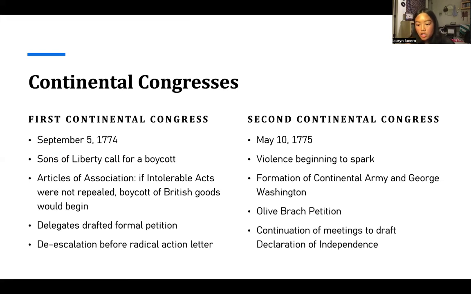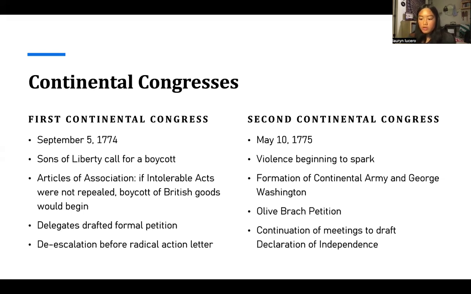So after the Intolerable Acts, the First Continental Congress discussed the Sons of Liberty's call for a boycott, and came up with the Articles of Association. These articles basically said that if the Intolerable Acts were not repealed, the boycotts will take place. The delegates also drafted a formal letter to the king to request a peaceful approach to the de-escalation of enforcement on the colonies by the British soldiers before anything radical occurred.